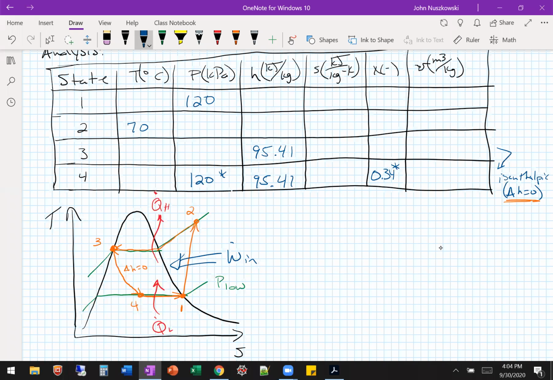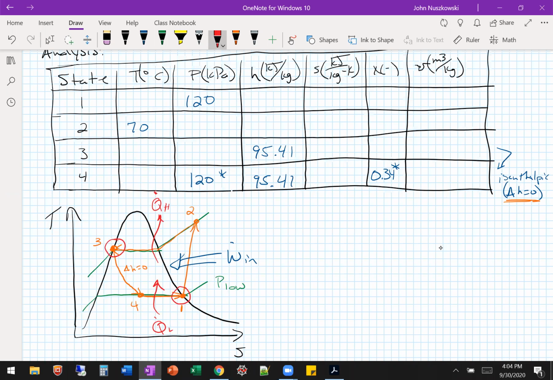What else? The quality of 3 and 1. Yeah, so that's a big one when you're dealing with the vapor compression cycle. So this quality is basically given in this one.